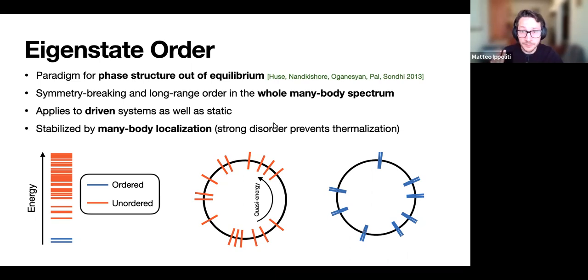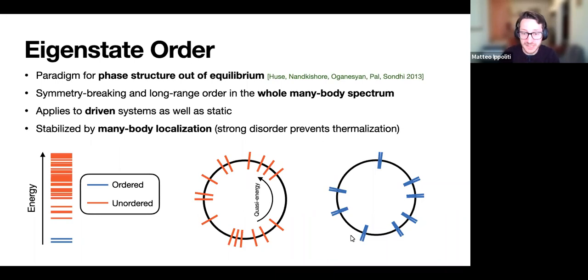So this paradigm is enabled or stabilized by many-body localization, which is a phenomenon induced by the presence of strong disorder in the system, where imagine a short-range interacting Hamiltonian system where the couplings are highly random, and this randomness can inhibit transitions between different states in the system, and in doing so, it can prevent thermalization in an isolated system, but even prevent heat absorption in a driven system.